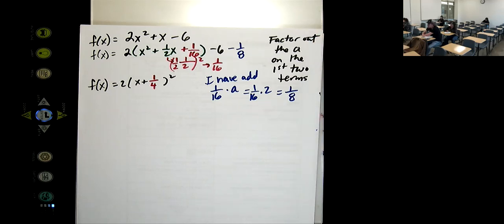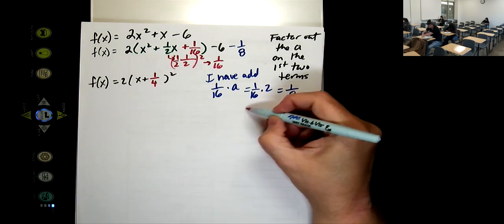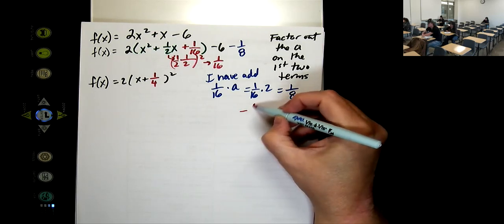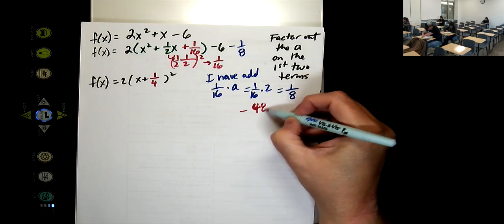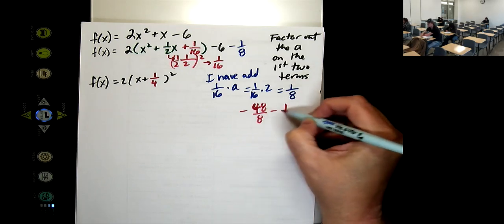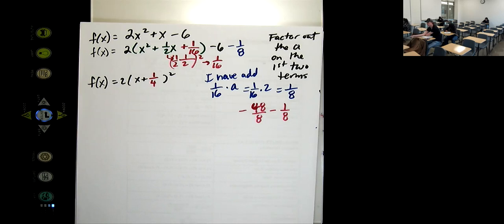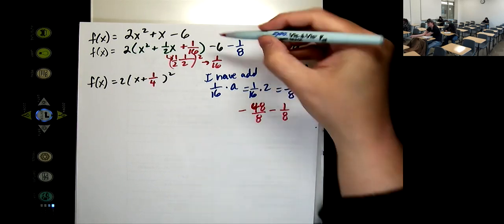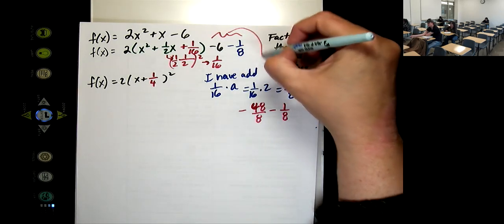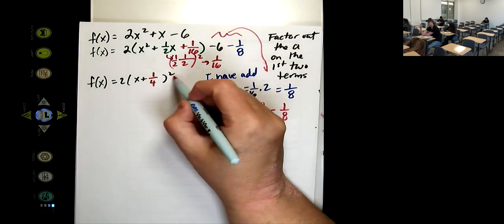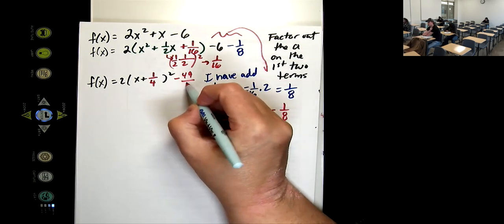If I get a common denominator, 6 times 8 would be 48 over 8 minus 1/8. That's this part right here. So I'm really subtracting 49 over 8 at the very end.